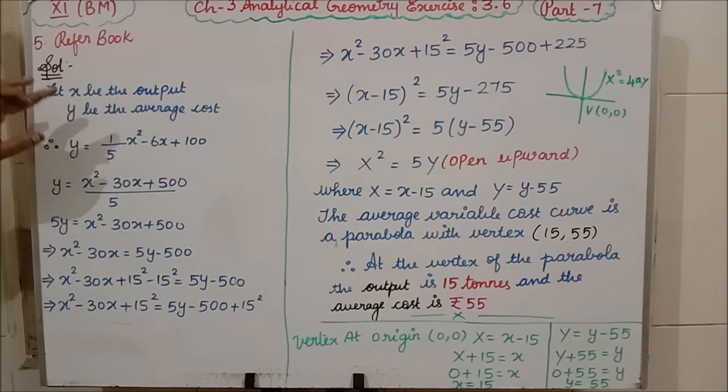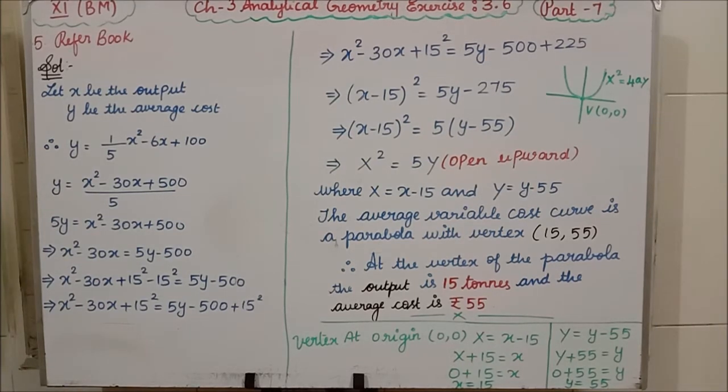Then show that the average variable cost curve is a parabola. Whether it is coming as a parabola, we have to show. Also find the output and the average cost at the vertex of the parabola. Okay, we have to find the output and average cost.